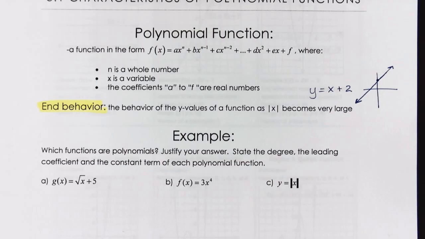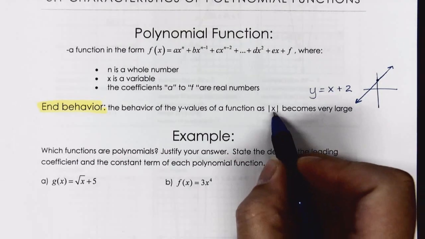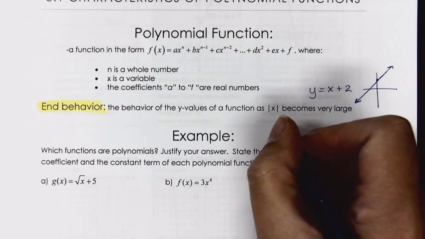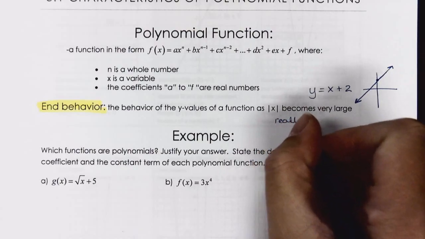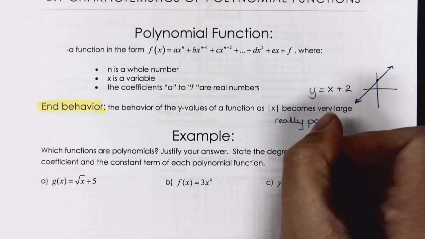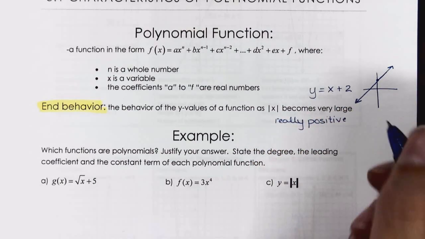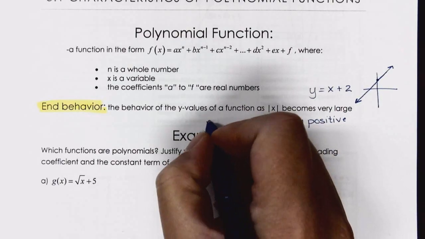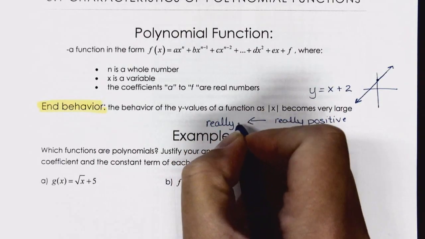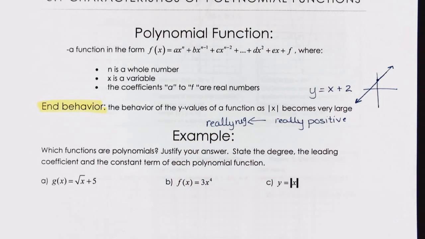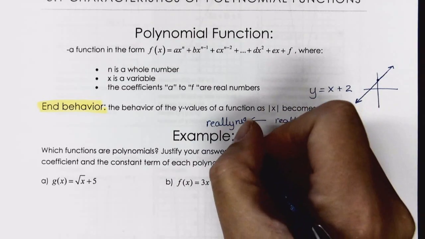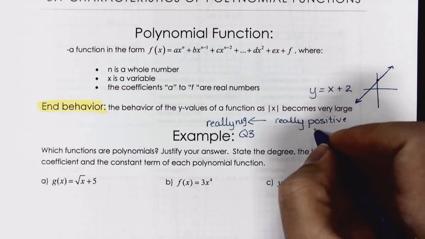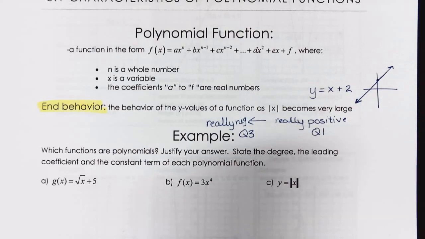So what's happening is, x becomes, I put absolute values around x, what's happening when x gets really positive? And what happens when it gets really negative? That's what we're talking about. So really negative would be quadrant 3, and really positive would be quadrant 1.